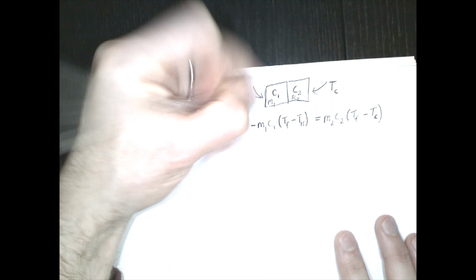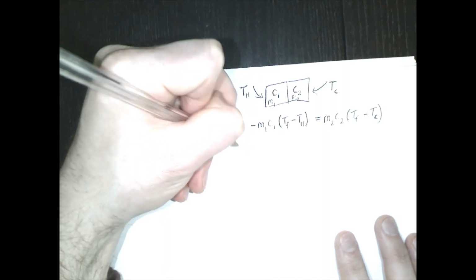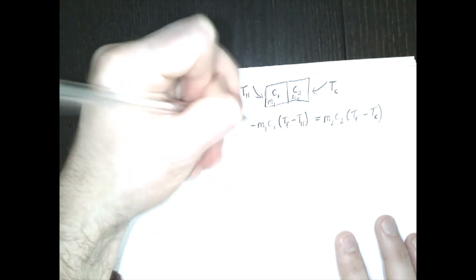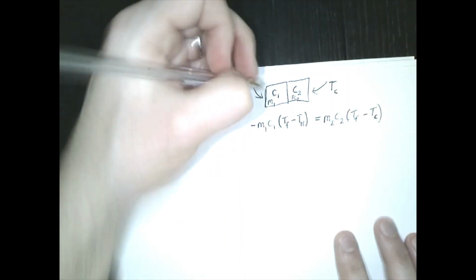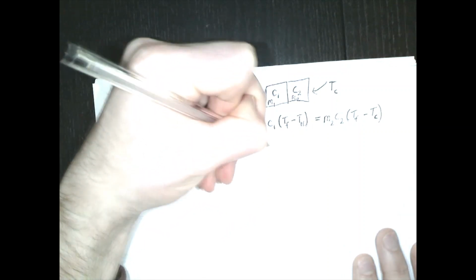And what we end up with is, well, let's distribute, plus M1 C1 TH. So all I've done here is I've distributed the factors through, and I'm going to collect like terms.